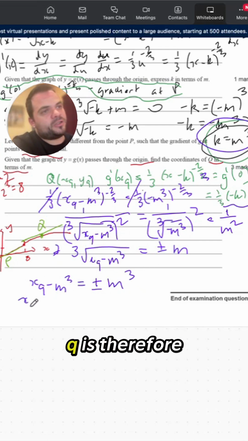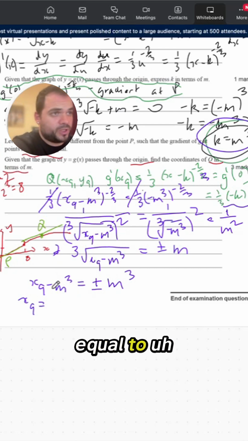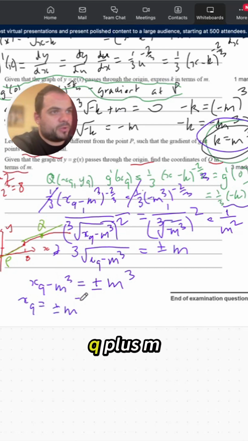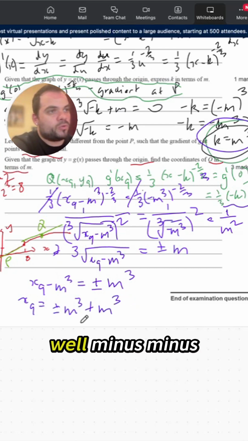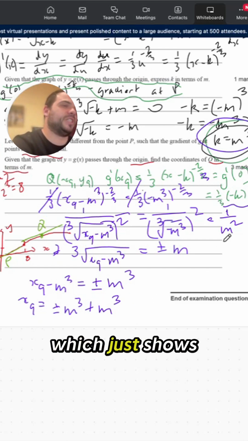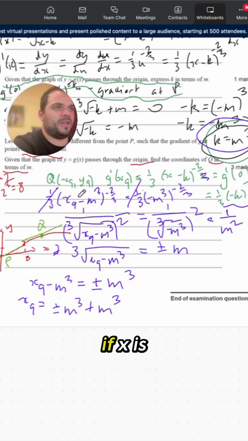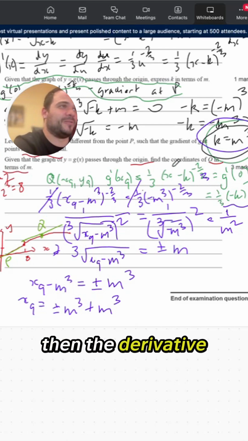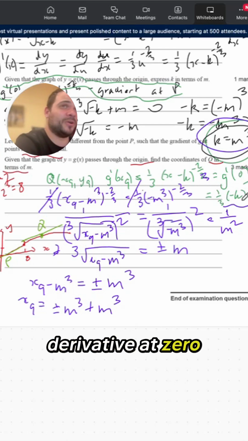And then xq is therefore equal to plus or minus m cubed plus m cubed. Well, minus m cubed plus m cubed is 0, which just shows us that if x is equal to 0, then the derivative evaluates to the derivative at 0.